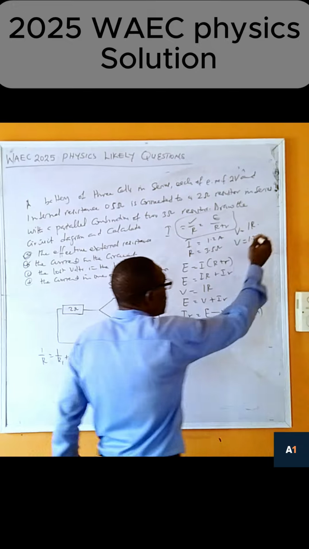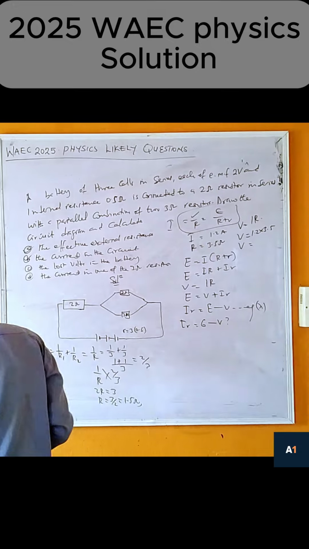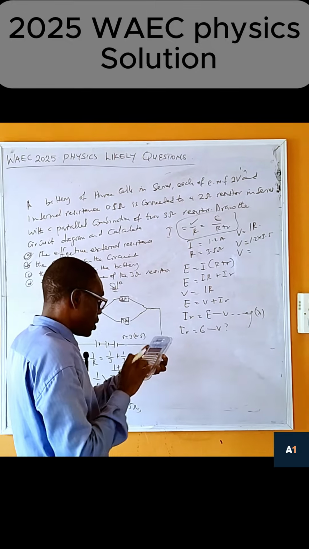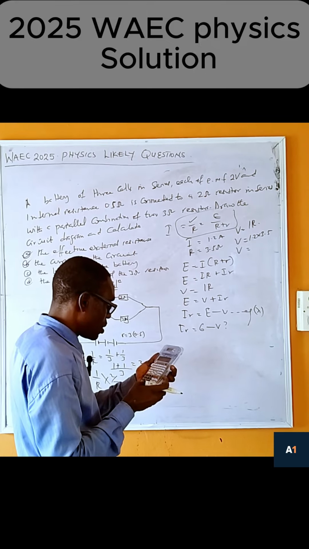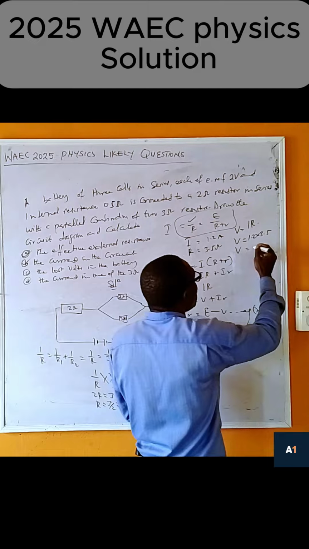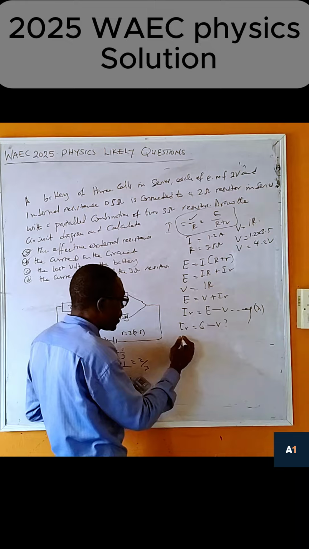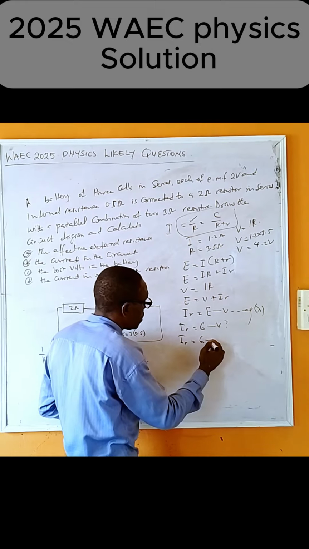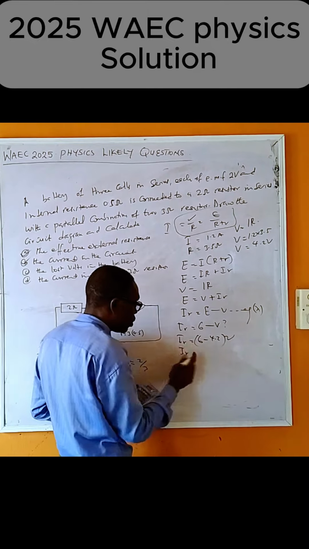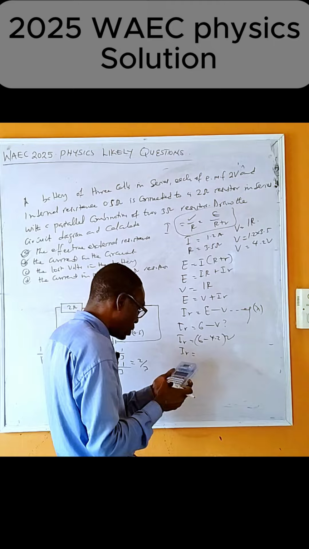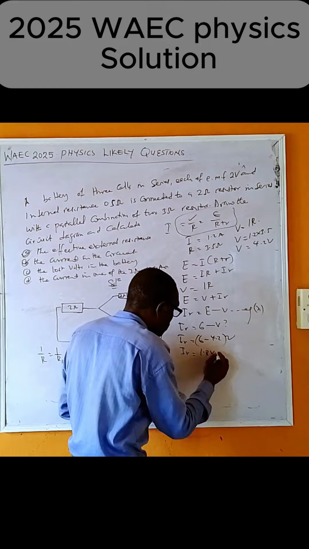So we say 1.2 times 3.5, and V will be 4.2 volts. Now we have Ir equal to 6 minus 4.2. So Ir, which is the loss of voltage, is 6 minus 4.2, which gives us 1.8 volts.